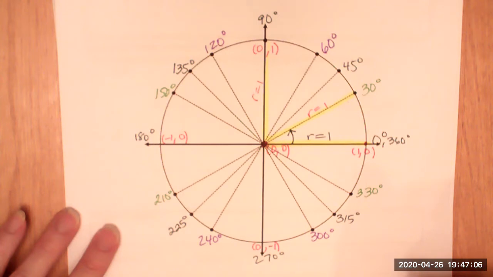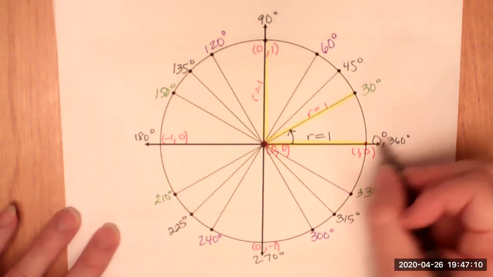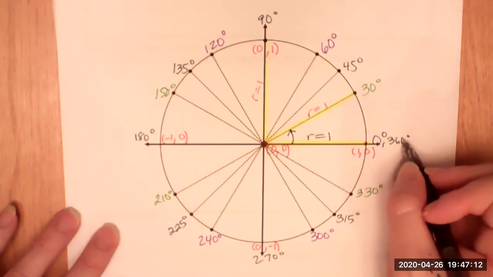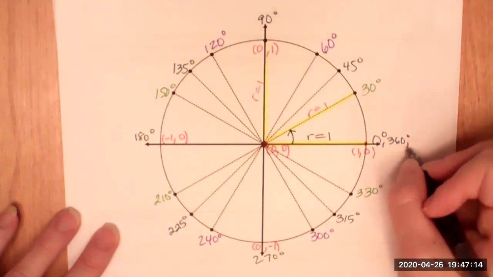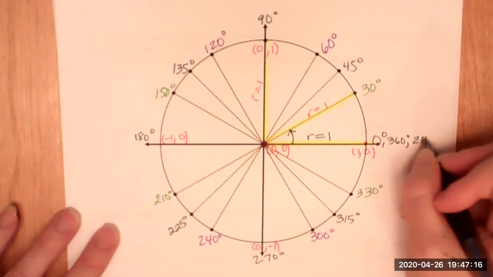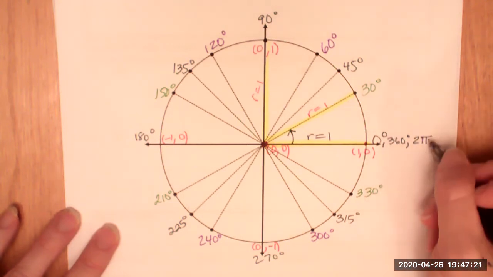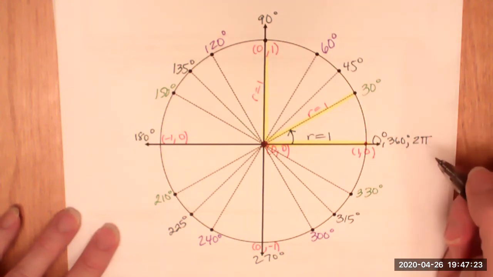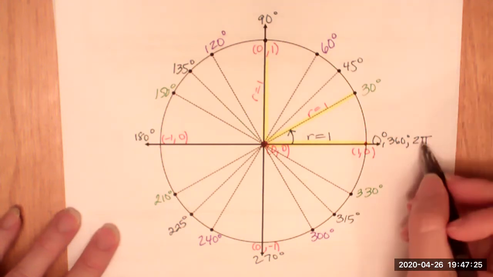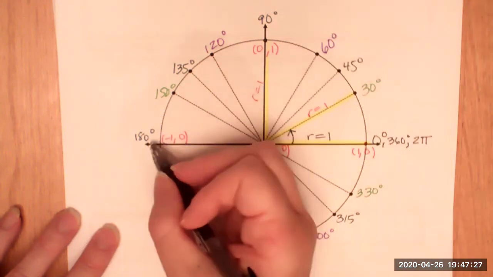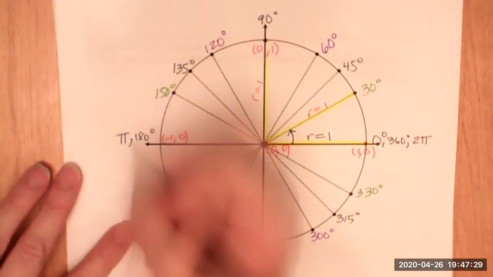Now we're going to do the same thing with radians. So remember, at 0 radians, we're also considered 2 pi, right? So this is 0 degrees and also 0 radians. And 2 pi radians is the same as 360. Halfway across the circle, we're going to be at pi radians.